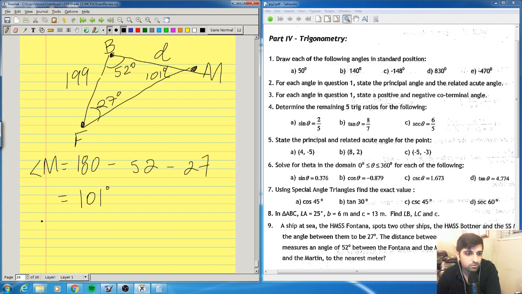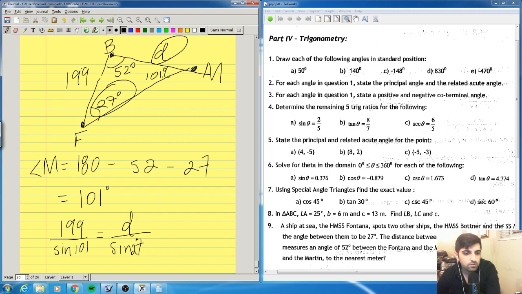And so now we can do our sine law. Actually, let's do side lengths on top. In sine law, you can either do side lengths on top or sine of an angle on top, so I'm just going to do side lengths on top. So 199 divided by sine of 101 equals, so this guy over this guy equals this guy over sine of that, so d over sine 27.